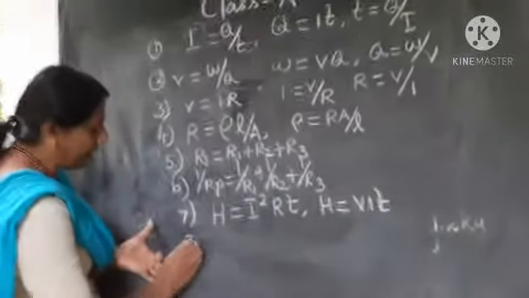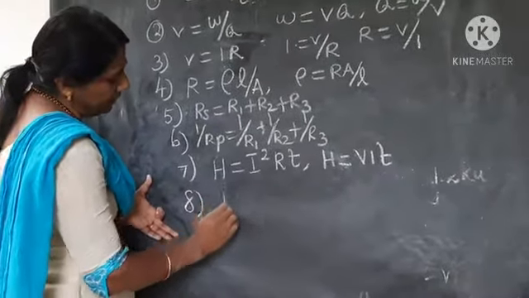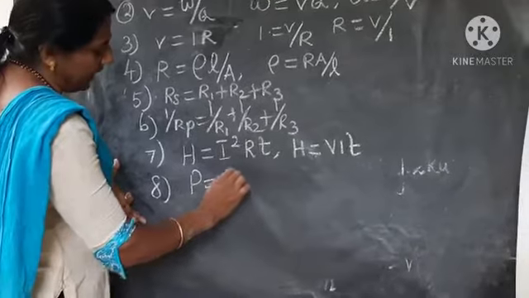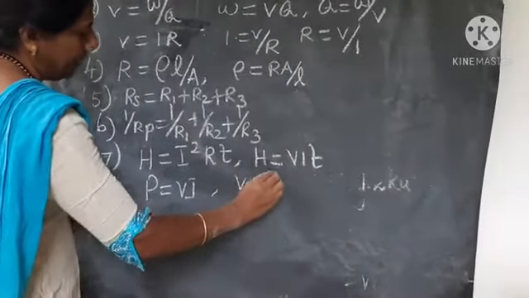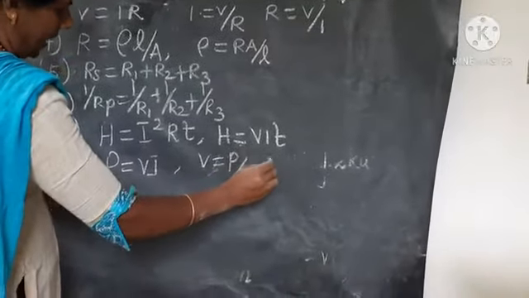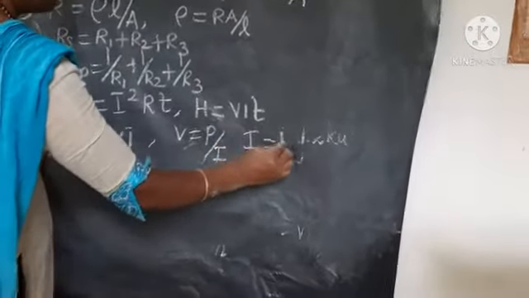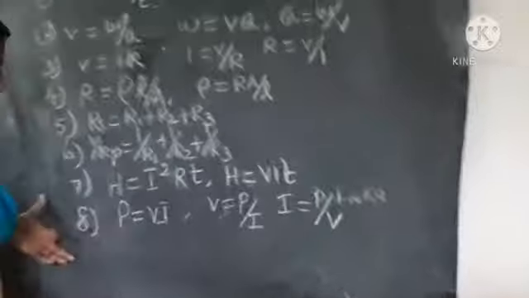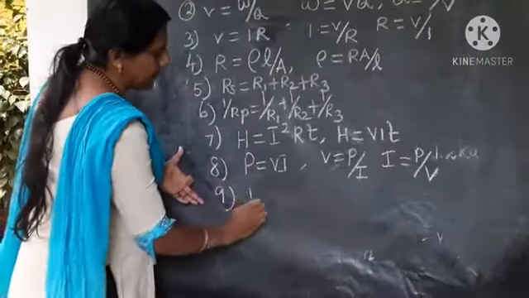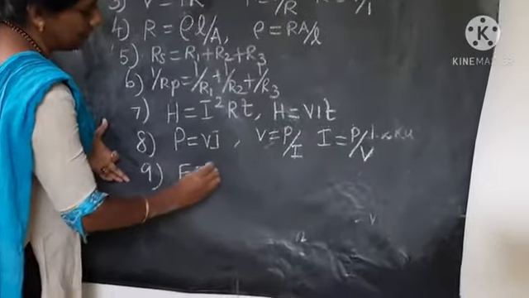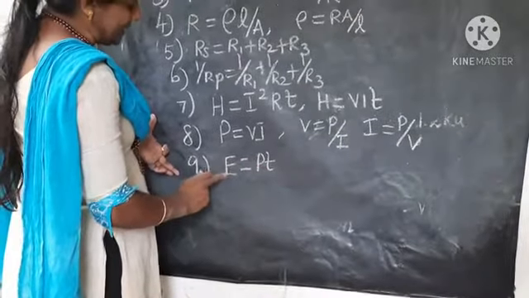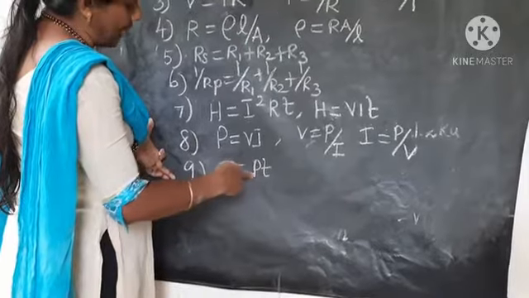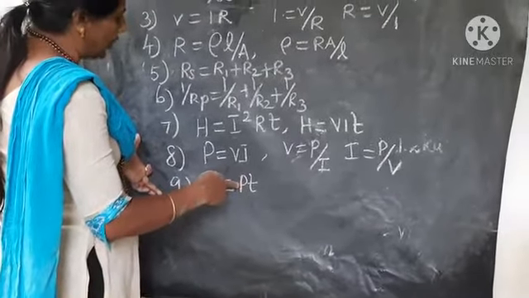Then today you have learned P is equal to VI, or V is equal to P by I, or I is equal to P by V. Then the last formula, E is equal to P into T. While calculating energy, if the unit is given in watt, you have to convert it into kilowatt.